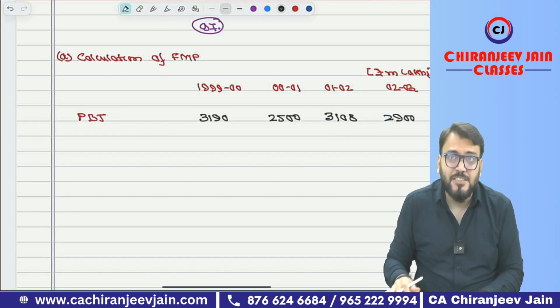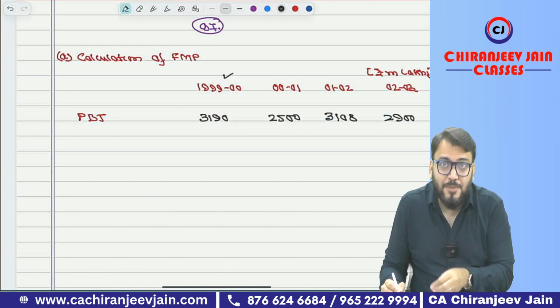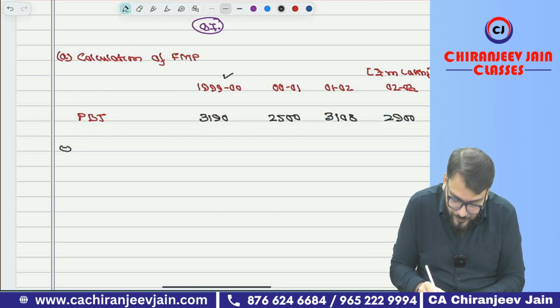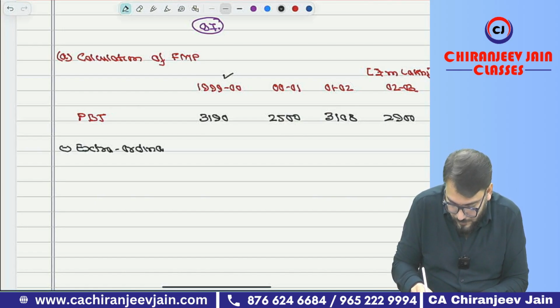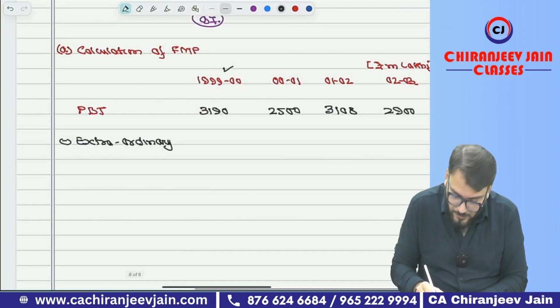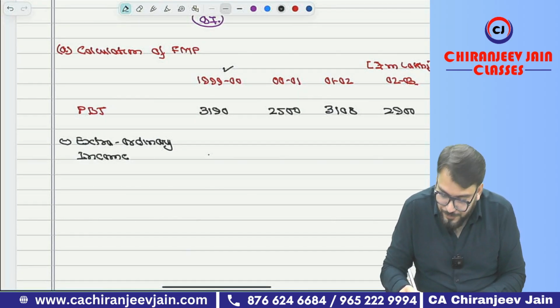Then we'll do the adjustments. For the first year, there was some extraordinary income that we need to eliminate, so write a minus extraordinary income. What was the amount?